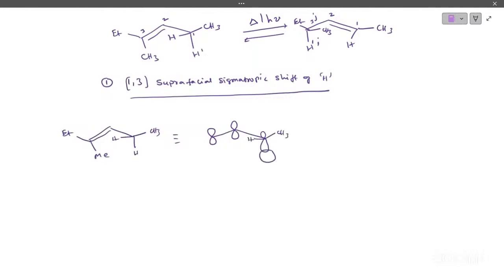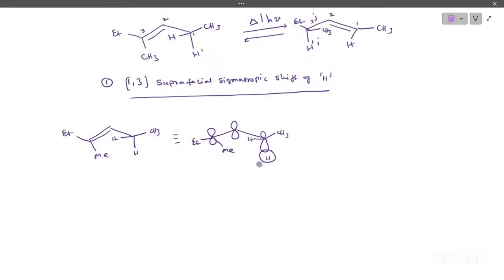CH3. Then this is the ethyl and the methyl. Now this hydrogen is undergoing migration.